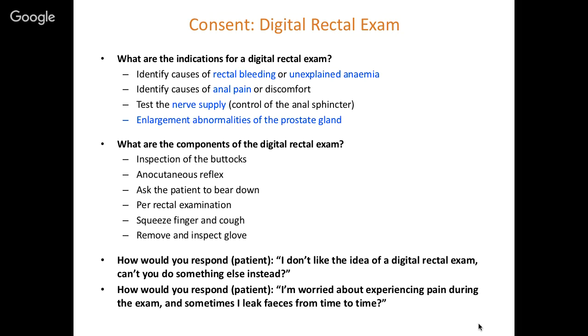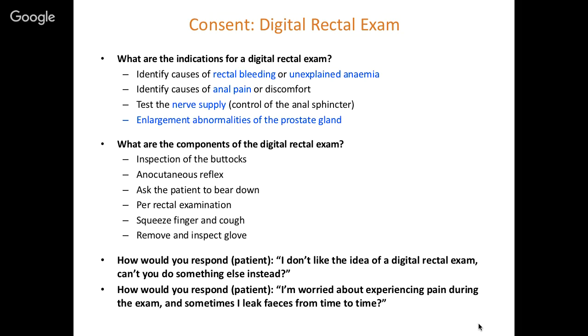Yes, good. As Charlie said, the alternative is we could go straight to investigations. But the thing about a PR is it gives you a lot of pertinent information very quickly. It's also generally the first step in determining if you need more investigations down the line. If someone has a PR and everything's fine, you might not need a colonoscopy. So it can save you time and invasive procedures further down the line.